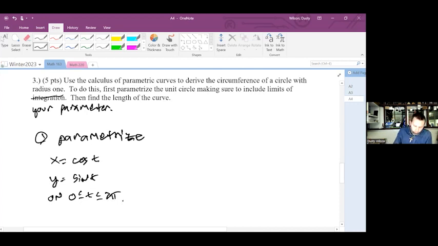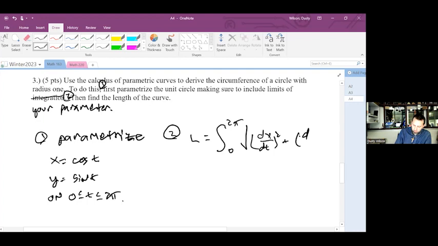So that was step 1. And then it says, step 2, find the length of the curve. So L is going to be the integral from 0 to 2 pi of the square root of dx dt squared plus dy dt squared dt.